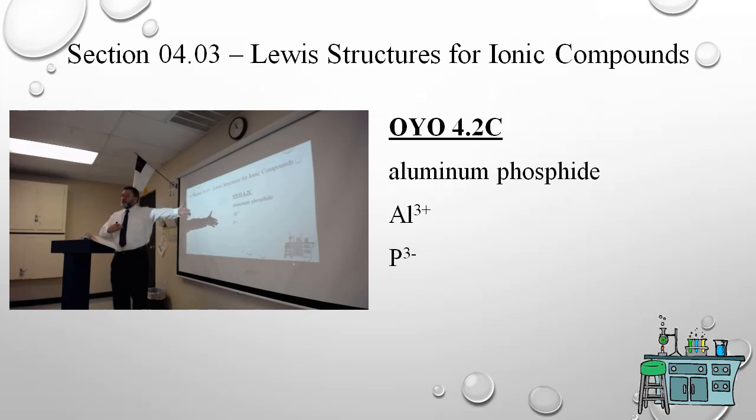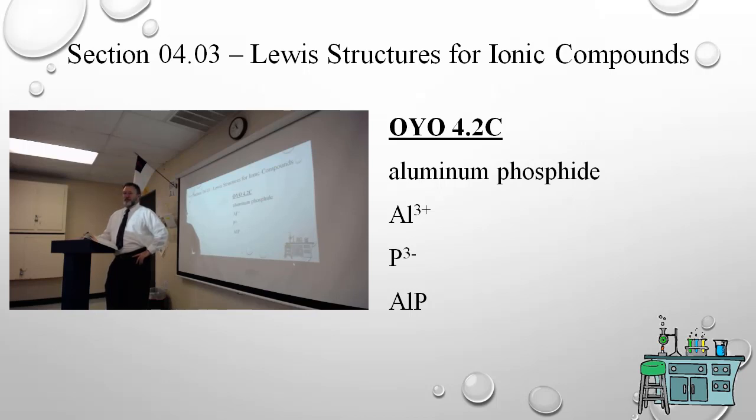Write the formula, metal first, nonmetal second, transposing and subbing. It would appear to be Al3P3. However, what is the greatest common factor between 3 and 3? 3! So it reduces down to AlP. Okay.